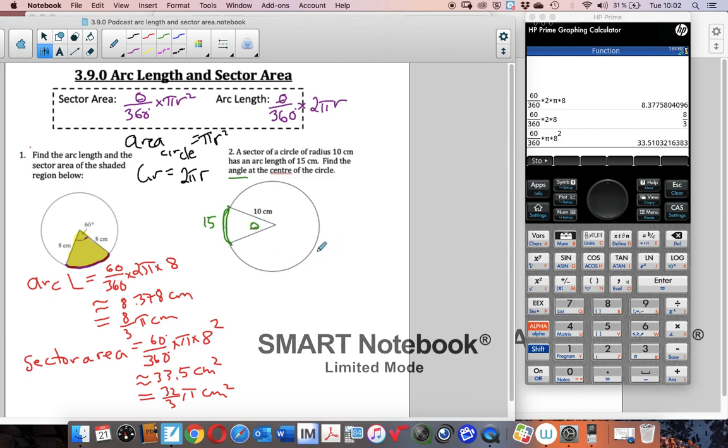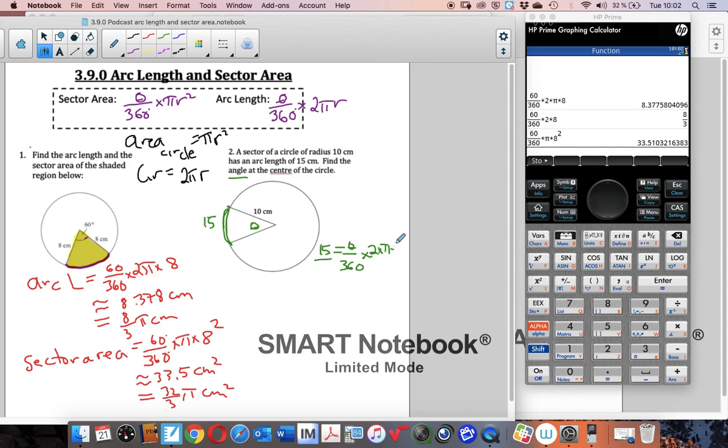Not a problem. We're going to just go ahead and use our formula. We're in the sector, so we're just going to substitute it in right away. So we have 15, and then we have theta/360 of the circumference. So 2 times pi times 10.